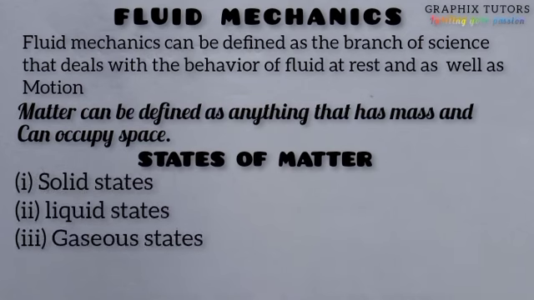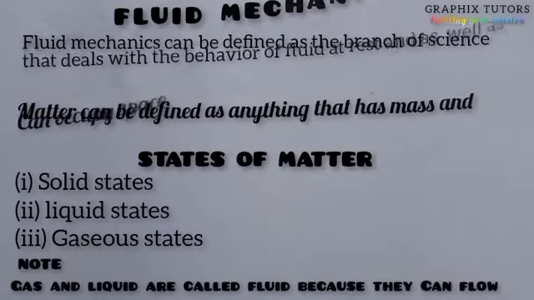Looking at the solid, we know they are closely packed, while liquid and gas molecules are loosely packed, so they can easily flow. Because of that reason, we call both gas and liquid a fluid because they can flow.